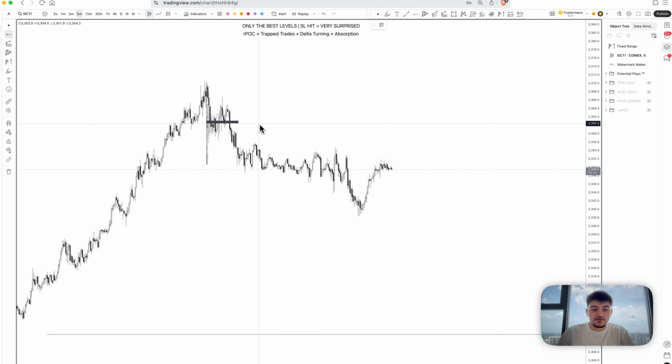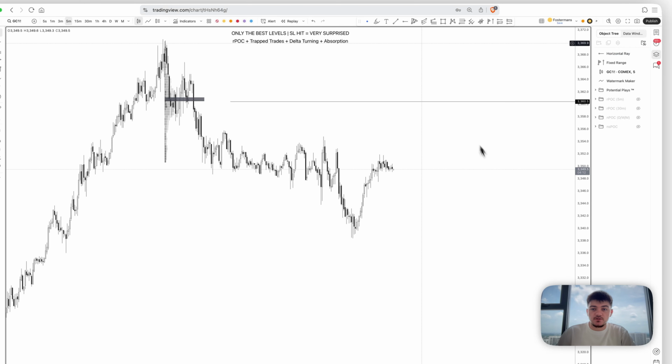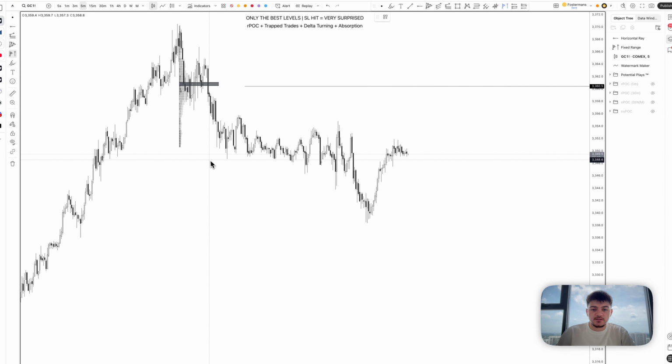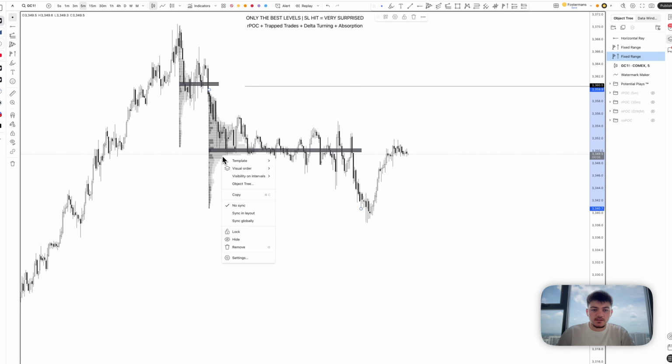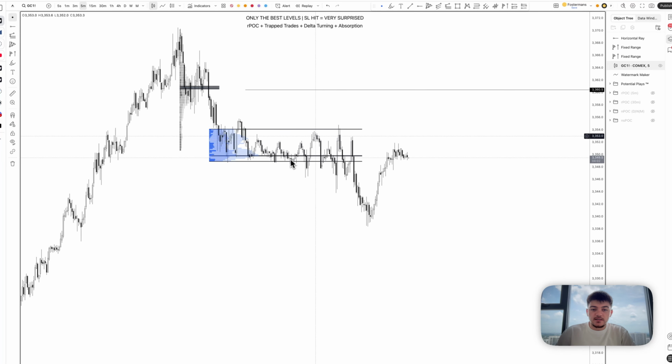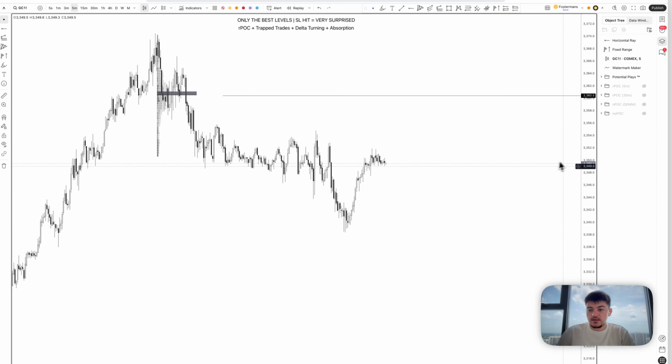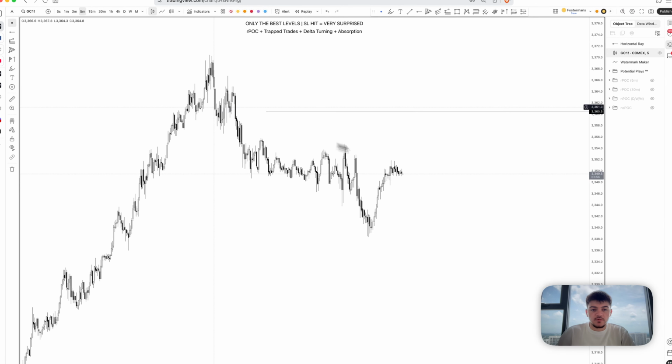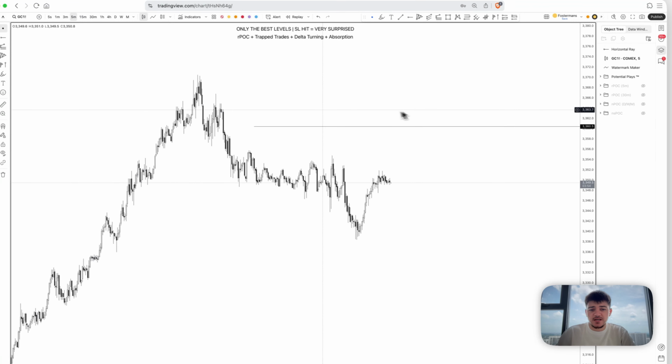They really are hard to trade if you're not using something like this, so I'll just show you real quick. What you want to do is go to value area. And then what you're doing is literally longing the bottoms and shorting the tops. That's as simple as that. But that's some free sauce for you guys, some free sauce.